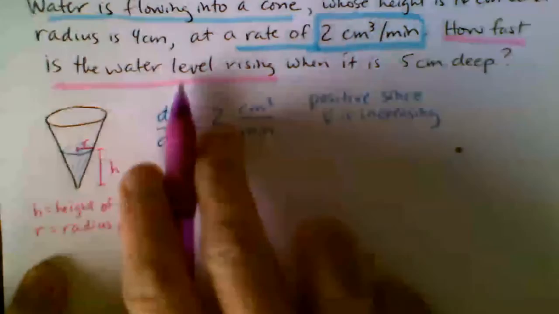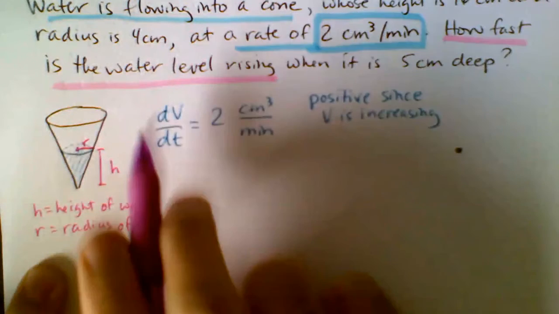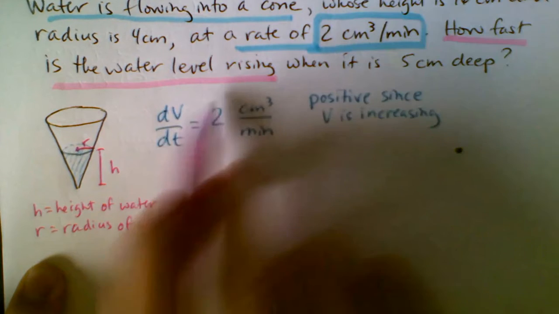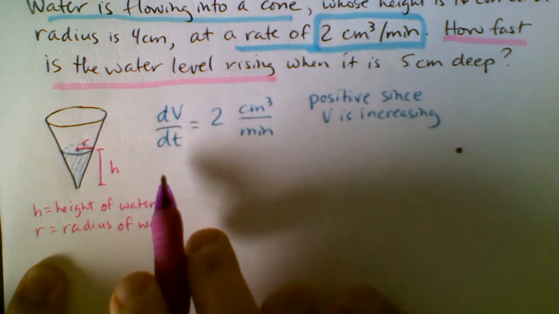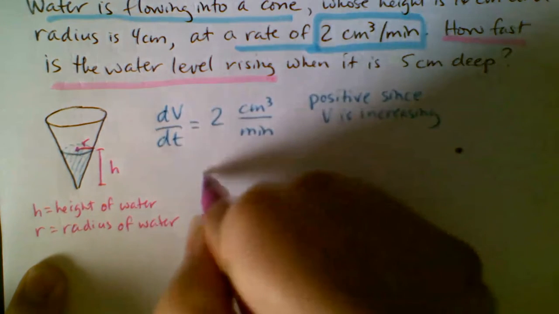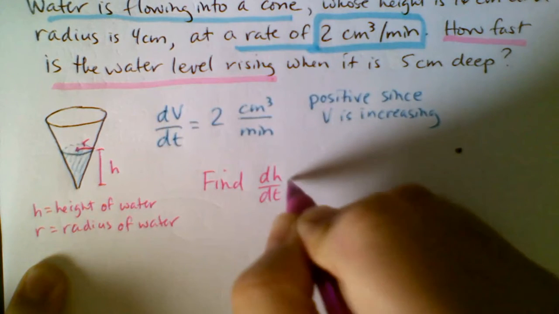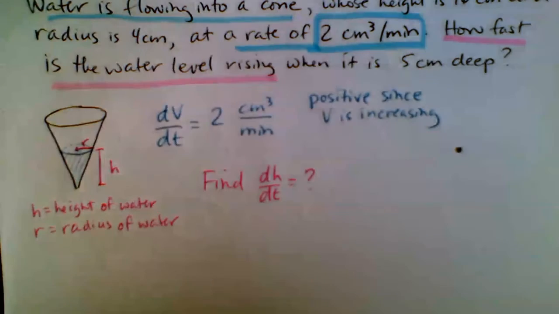So how fast is the water level rising? That's talking about a change in h, in fact, a change in h with respect to time. So the question is asking us to find dh/dt equals question mark.